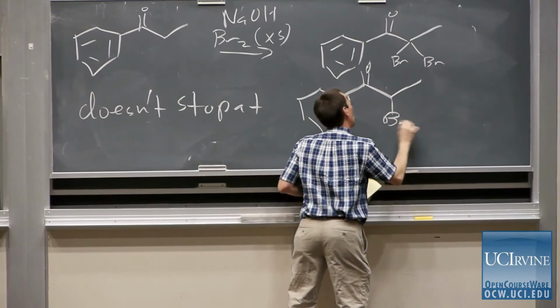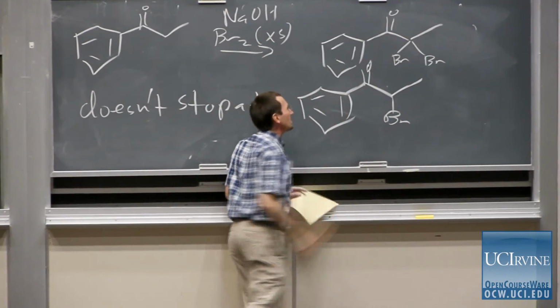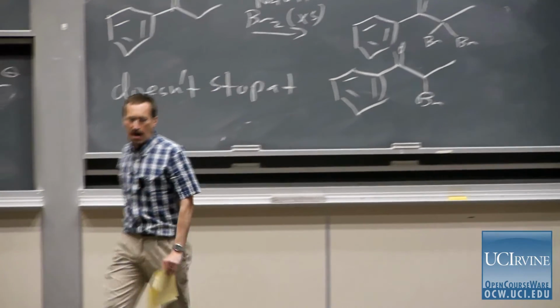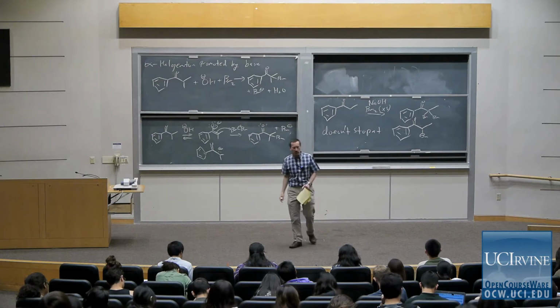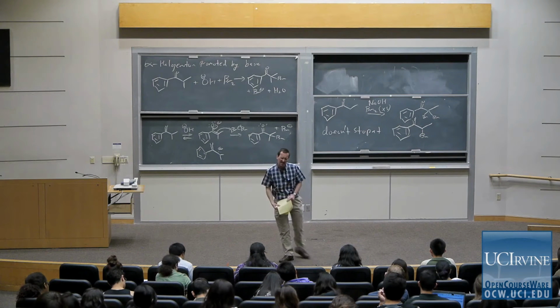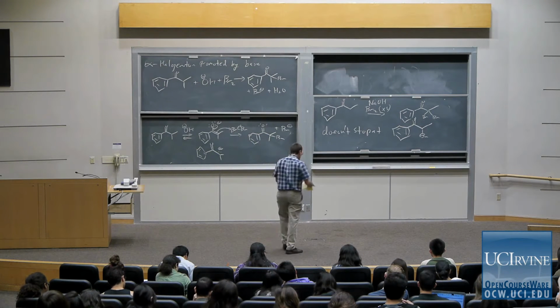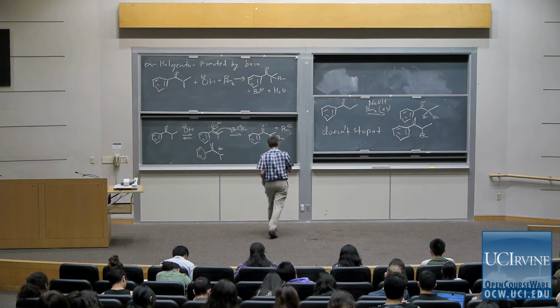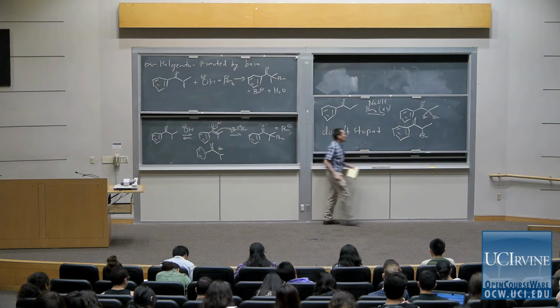In other words, if I wanted to make the monobromo compound by this route, I'd be in trouble. If I wanted to make the monobromo compound, we could go in the acid catalyzed manifold. But if I wanted to use the base catalyzed manifold, I'd be in trouble.